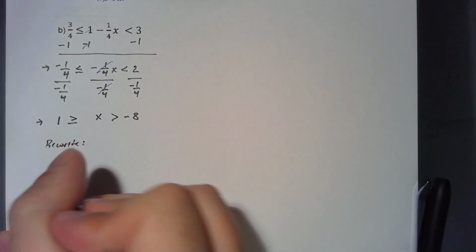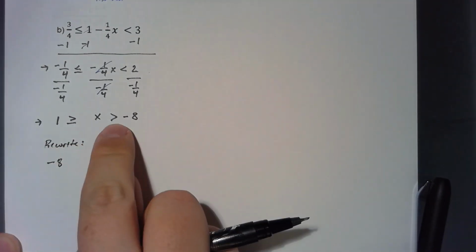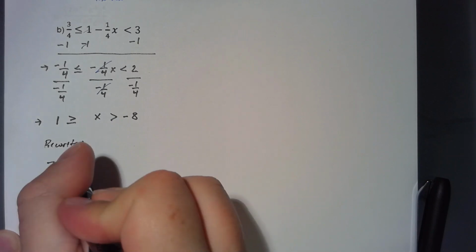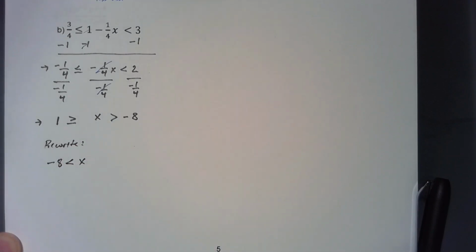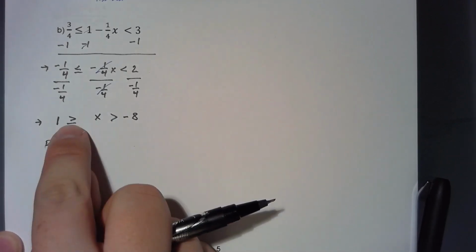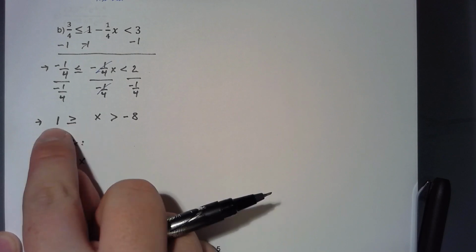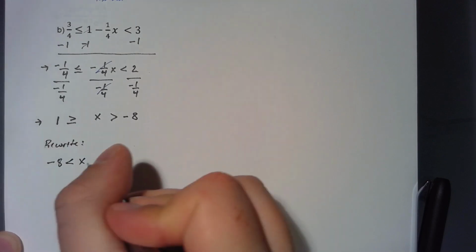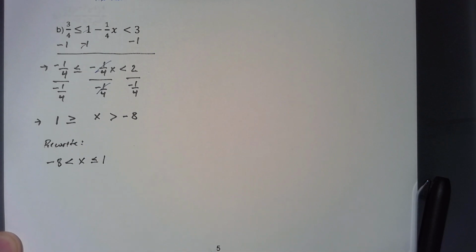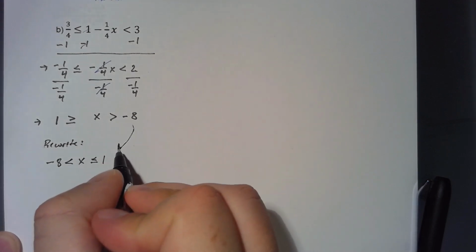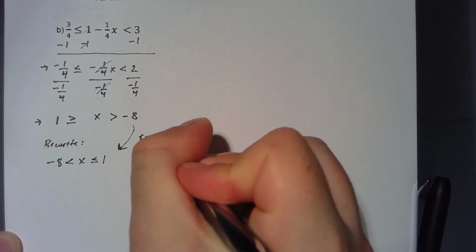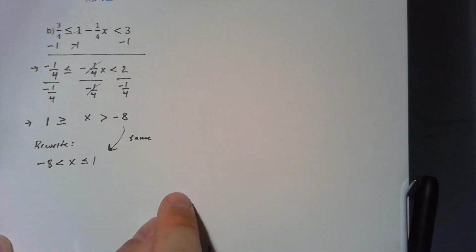So the smallest value goes on the left, and since the open end is pointing towards the x, I'll keep it that way. And then, since the open part is pointing towards the 1, I'm going to keep it that way. That's the same as this. They're the same. But this is written the correct way.